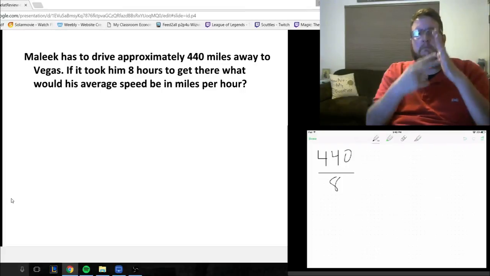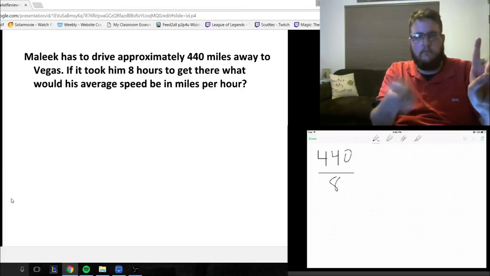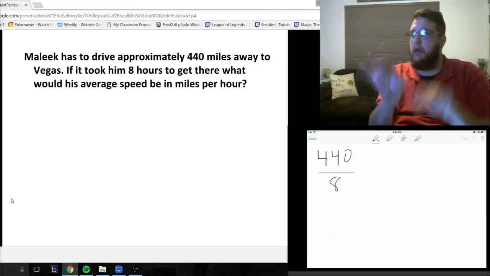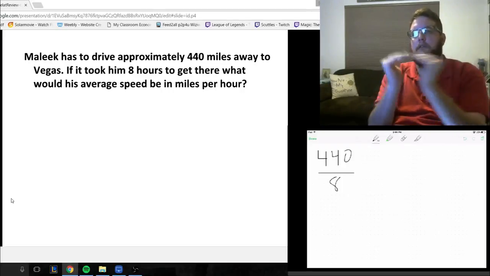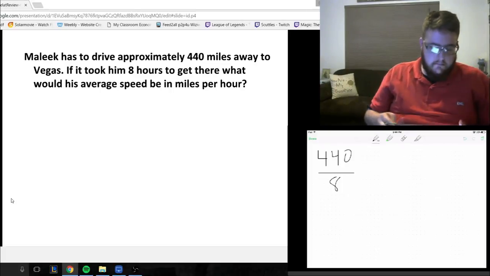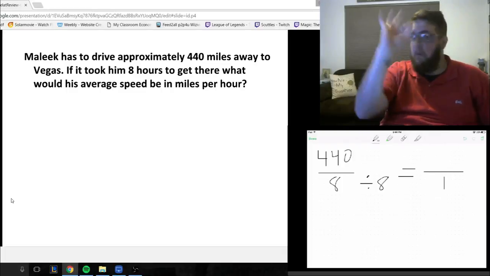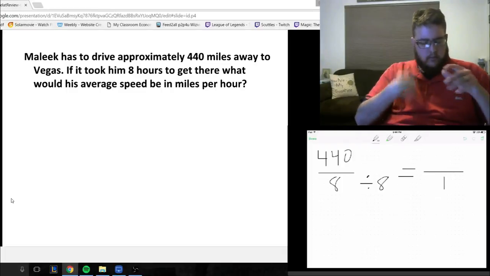Well, if you remember that anything divided by itself is equal to 1, that would mean that 8 divided by 8 is going to equal 1. So let's go ahead and do that. Okay. So we've divided the bottom, we've got 1.